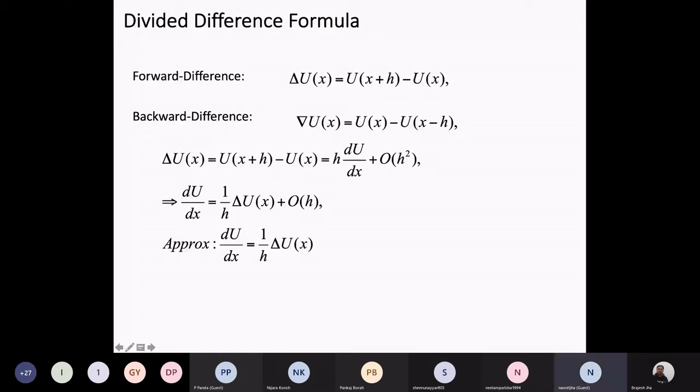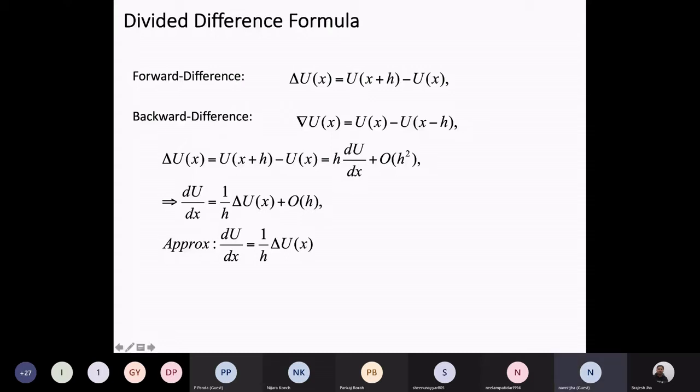Analytically, what you have done is you took the limit h goes to 0 of 1 by h into the forward difference. This was the definition of your derivative, the analytical definition. But approximately, by using the forward difference operator, we got this relationship. It had some error, and that error is basically governed by order h, because the h term is appearing here.